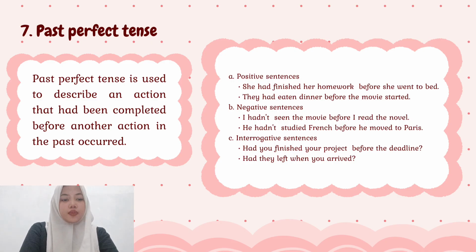And in negative sentence, I hadn't seen the movie before I read the novel, and he hadn't studied French before he moved to Paris. An interrogative sentence, had you finished your project before deadline? And had they left when you arrived?